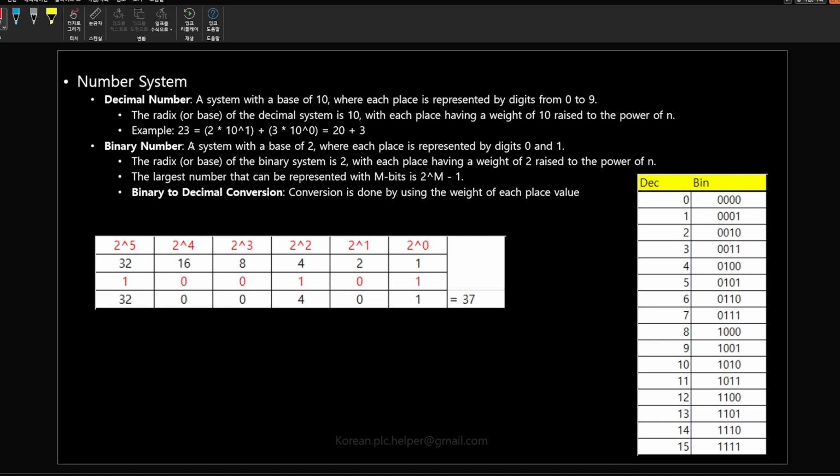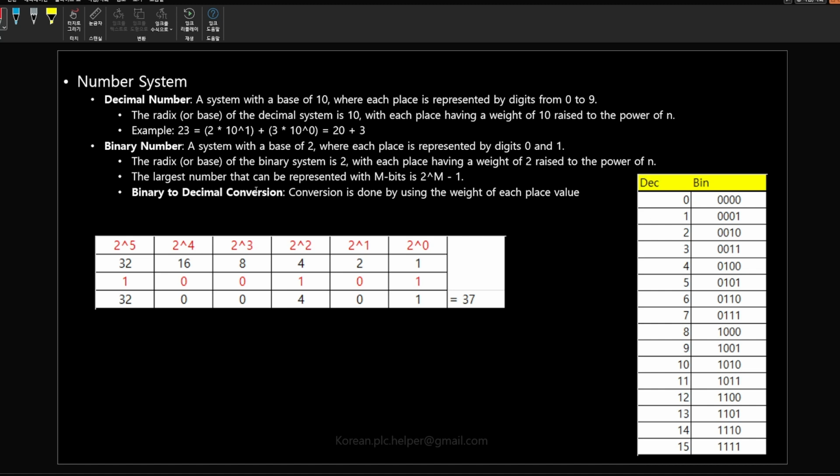The base of the decimal system is 10, and each position is assigned a weight of 10 raised to the power of n. For example, 23 equals 2 multiplied by 10 to the power of 1 plus 3 multiplied by 10 to the power of 0, which equals 20 plus 3, which is 23. I will omit the explanation as this is a method we commonly encounter in daily life.